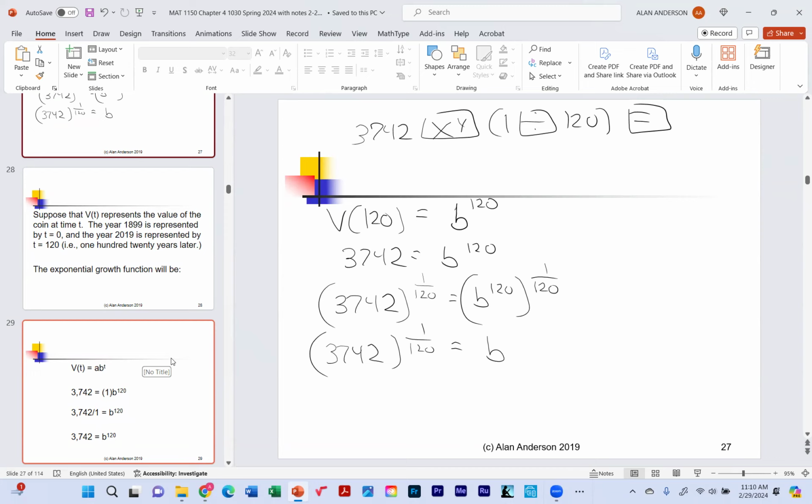There we go. 1.07. Let's round this to 1.0710. So B is 1.0710.